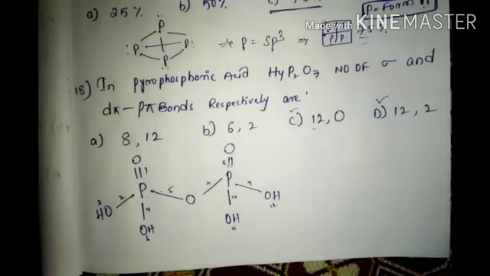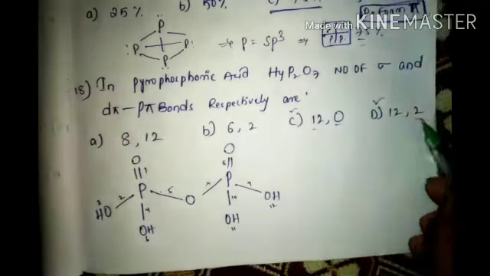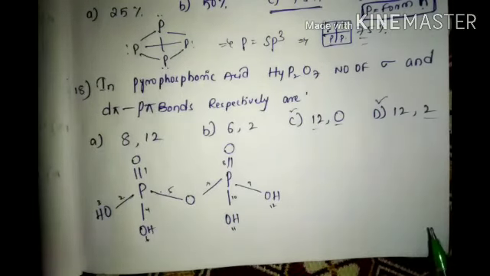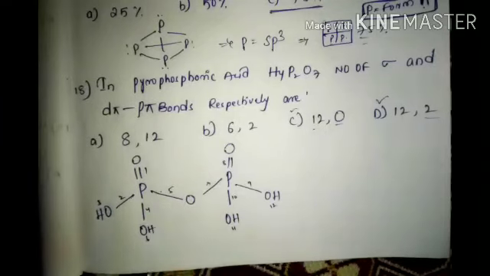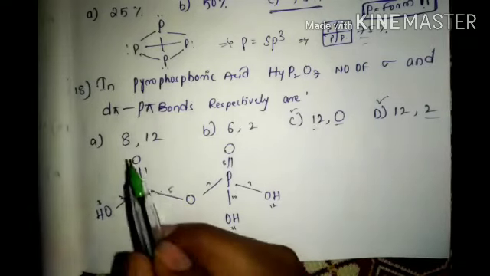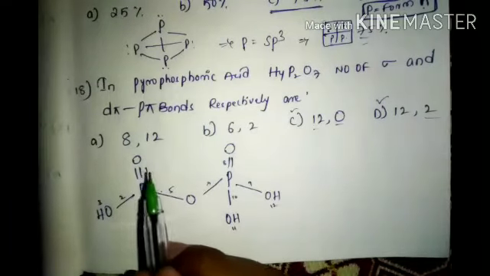Next, d pi-p pi bonds. Are d pi-p pi bonds possible, or 0? So 0 and 2, both options are there. Yes, we have to find out. P has d electrons, oxygen has p electrons.